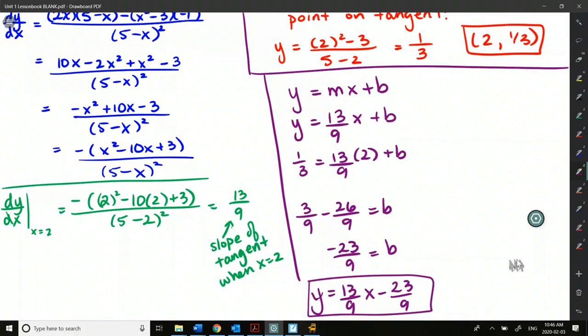Essentially, all of these types of questions follow the same format. Use the derivative to find the slope of the tangent.